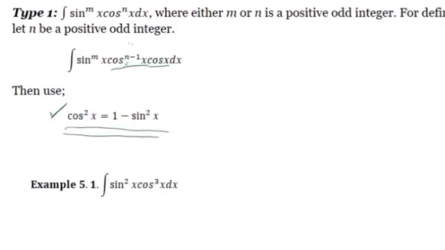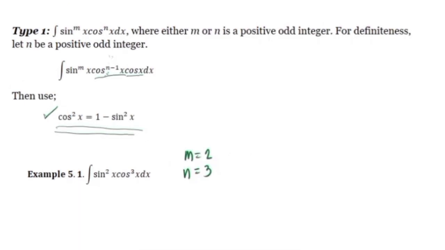Okay, so let's apply. We can see here that we have sine squared x cosine cube x dx. So, dito, we have our m is equal to 2 and your n is equal to 3. Kung makikita natin dito, meron kasing instances na malilito tayo, whether we think which one should be the m and which one should be the n.